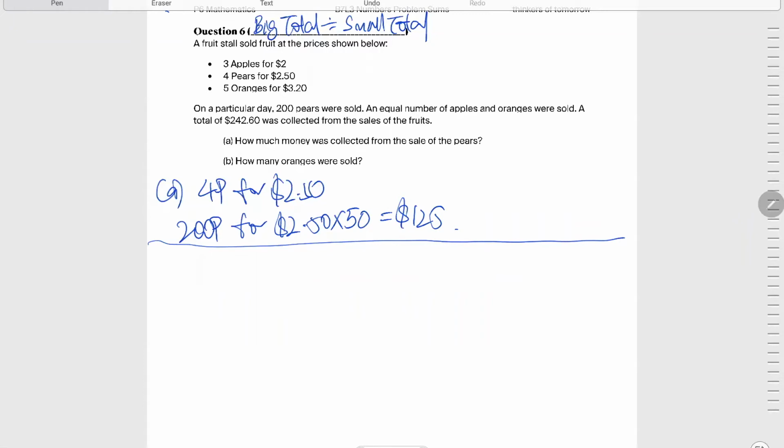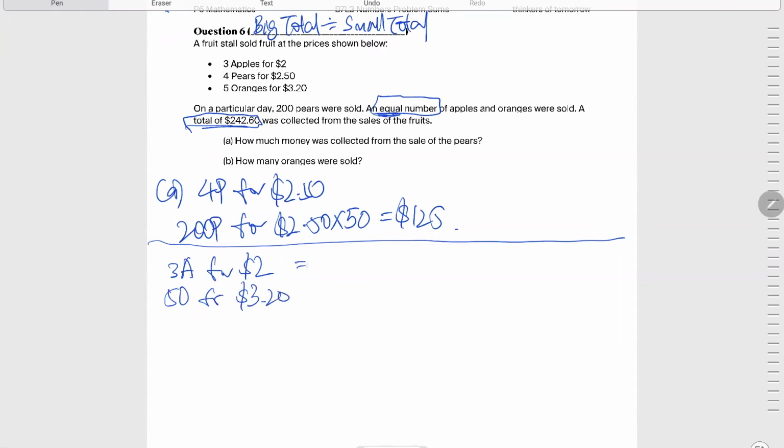Okay, to solve B, keyword here again: equal number of apples and oranges, equal number. And a total of $242.60 was collected. Equal number, why? Because if you want to pair apples and oranges, apples are sold 3 for $2, oranges are sold 50 for $3.20.